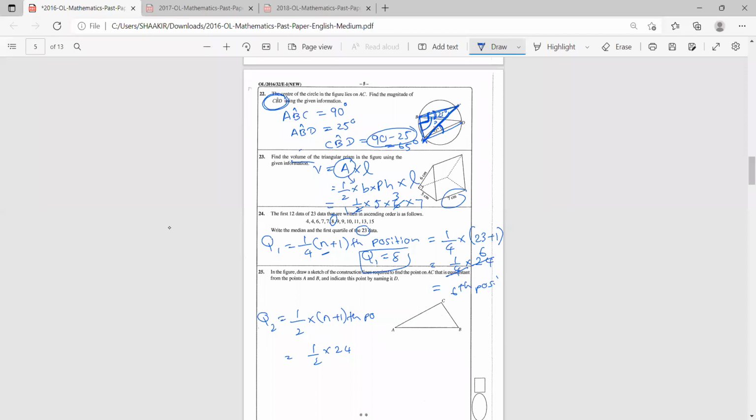If you divide it, you will get the 12th position. The 12th position is within the first 12 data that they have given. So what is the median? 15. Therefore, you can say median is 15. So this is how you have to find it by using the formula. Without using the formula also you can find it, but it will take time.